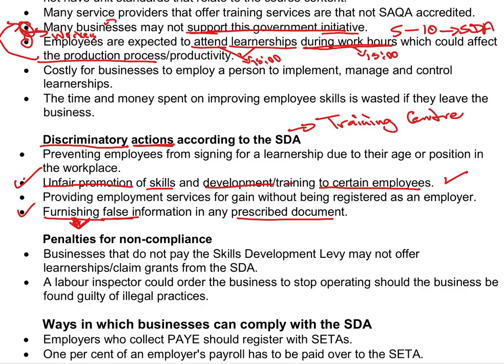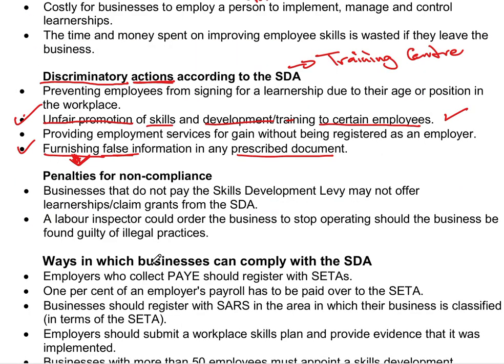So we said, all right, penalties for non-compliance. Non-compliance, if I tell you that a member of the class, you are making noise, keep quiet, and you keep on making noise, meaning that you are being non-compliant. You are not complying, right? That's what they mean.